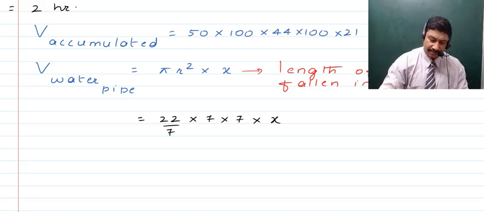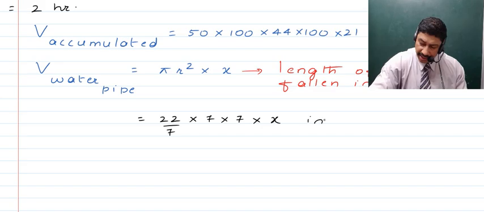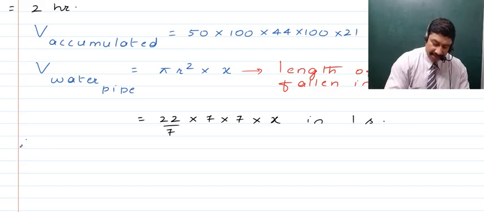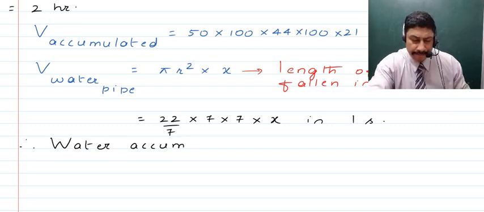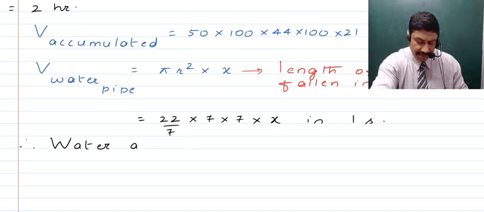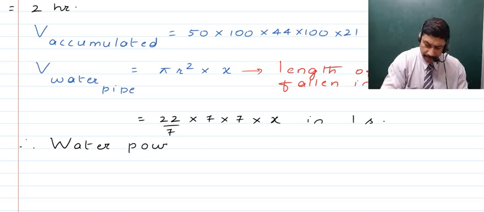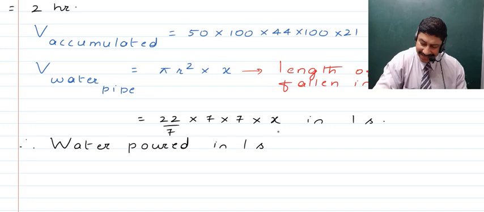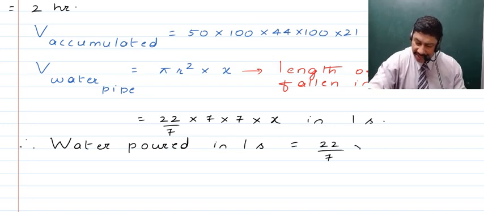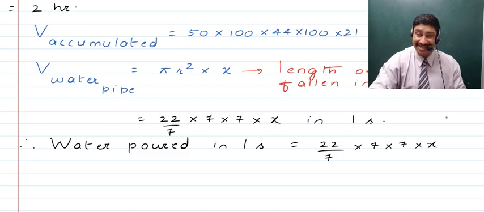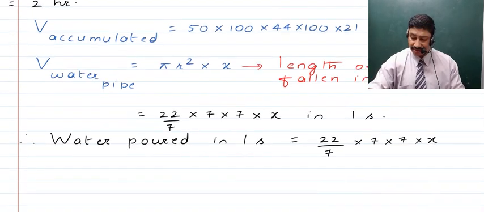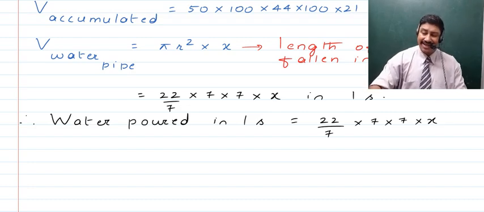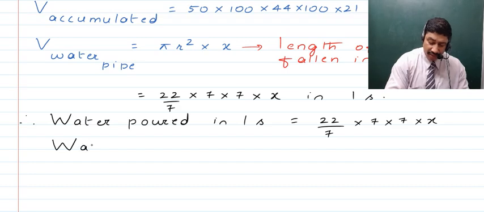So now you will say that in 1 second, water poured is equal to 22 upon 7 into 7 into 7 into x as above, as here x is the length of water fallen in 1 second, right?